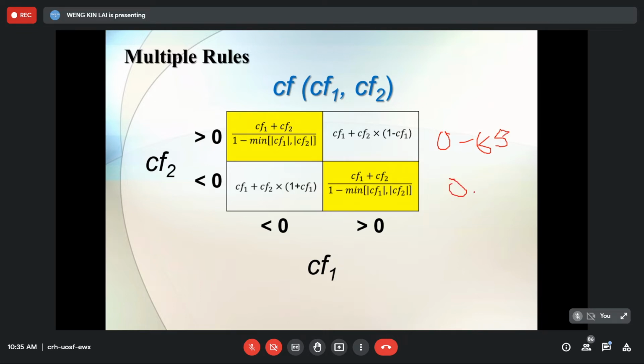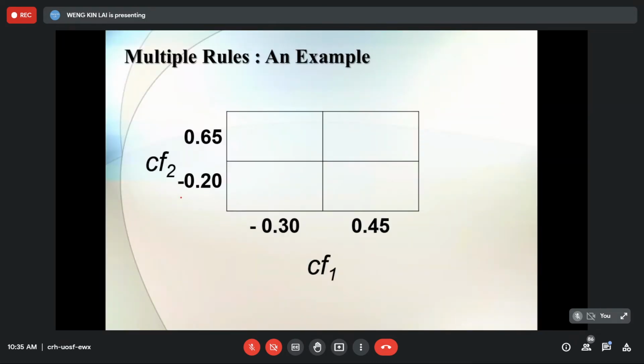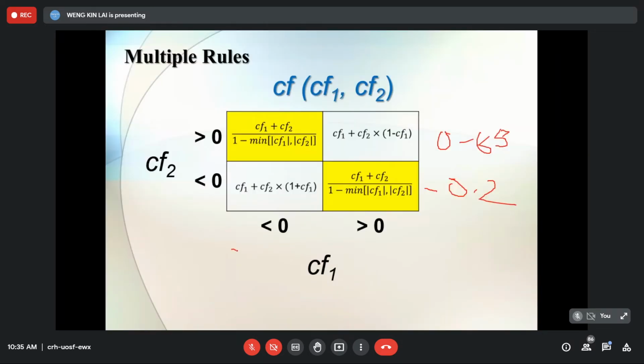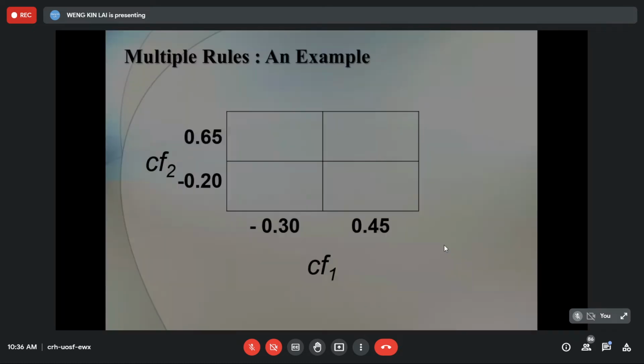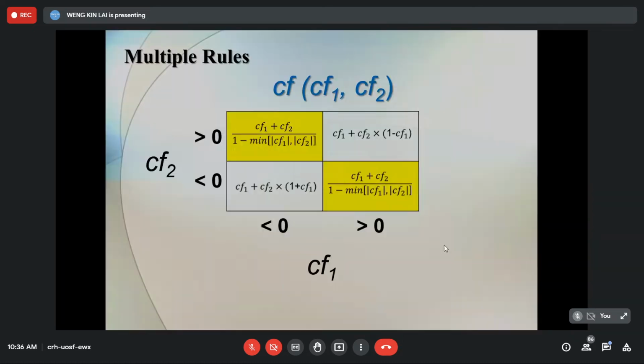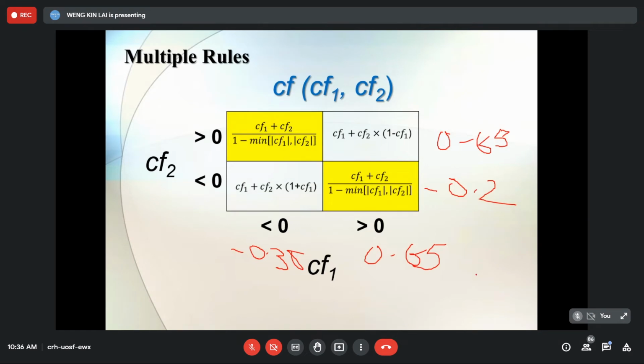So your CF2 minus 0.2 over here, correct? Over here now minus 0.3 and 0.45. So this one will be minus 0.30 and your 0.65. Oh, sorry, 0.445. This is actually 0.45.